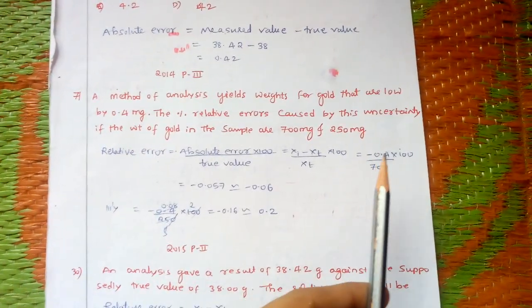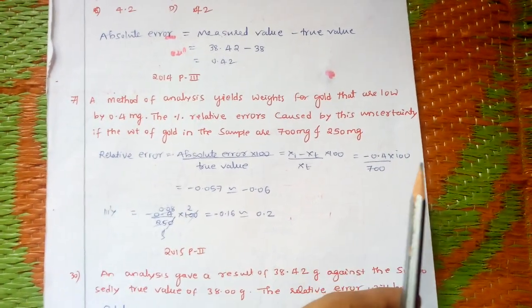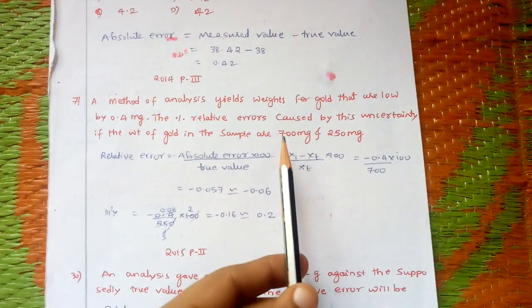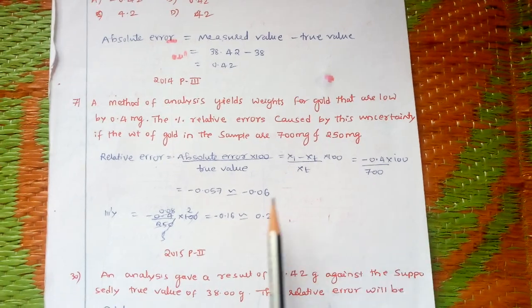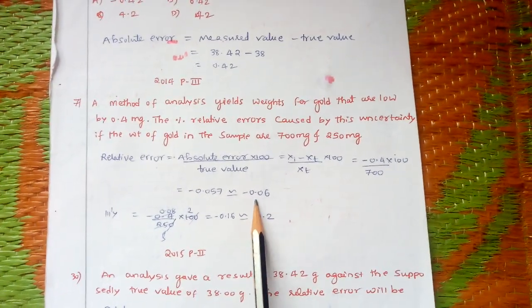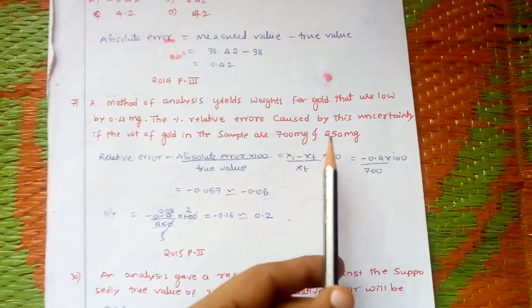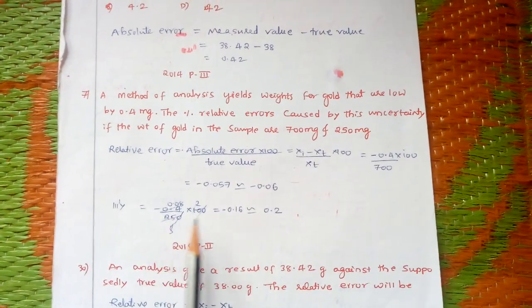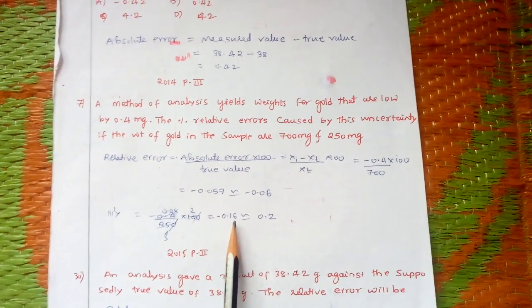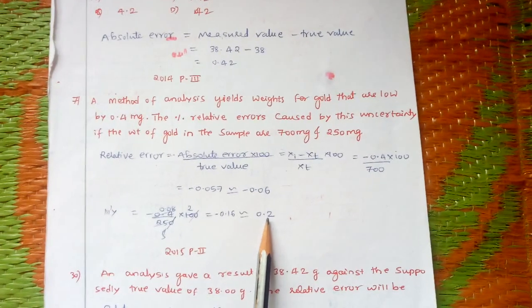That's why I took minus 0.4 into 100 divided by 700. If you take minus 700 mg, you'll get minus 0.06. Again, similarly if you take 250, you will get minus 0.16. It's nearly 0.2, and in that option they have given like that.